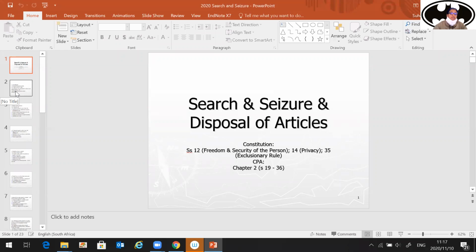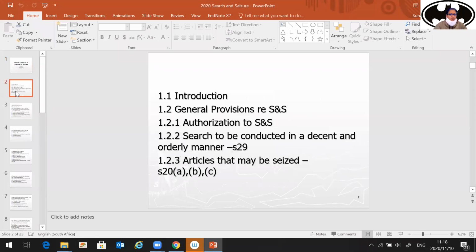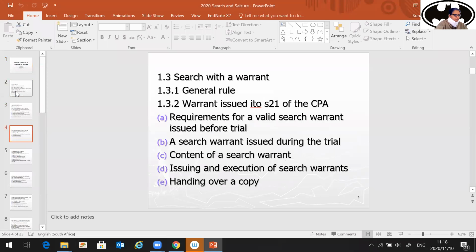Okay, so this takes us forward. Search and seizure takes us forward from that last set of slides, which was interrogation and ascertainment of bodily features, and builds on from that tutorial about what can be searched for and what can be seized, and where you can search for things.